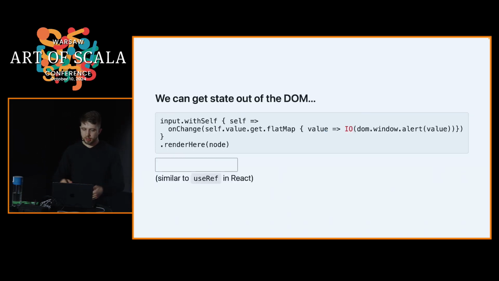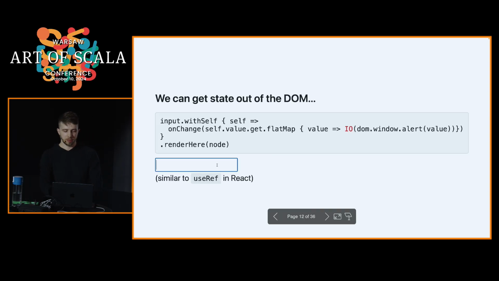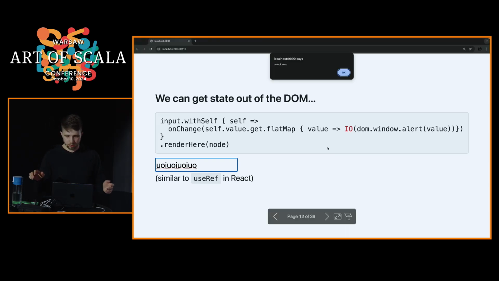Now, we can add listeners, but we can, and this seems like a core need for us, also get state out of the DOM. So something like an input box, when I type here, I want to be able to get that value and do something with it, right? Otherwise, my UI is not very interactive. So I'm here registering the onChange event. So when I defocus out of the input, it will call that callback.